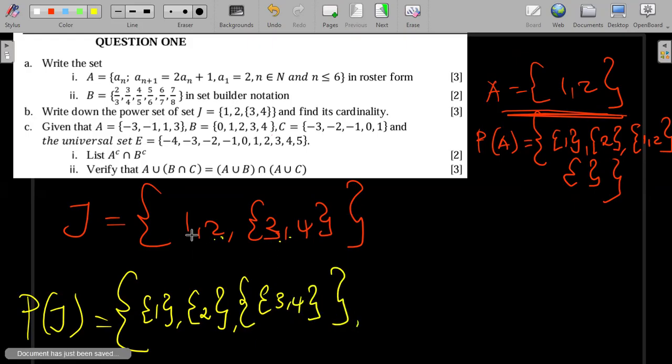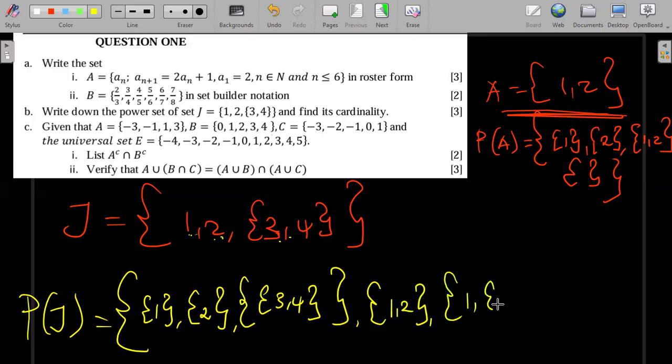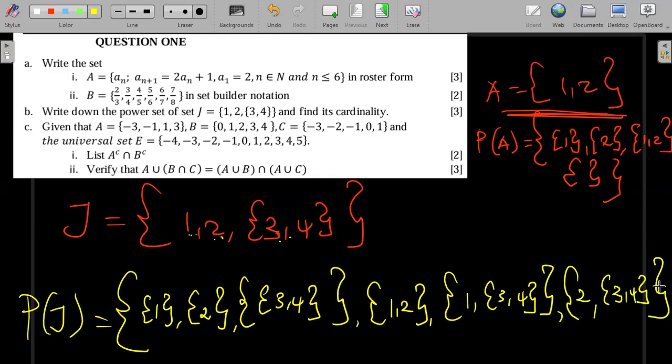And then now start the combinations, 1 and 2. Okay, and then 1 and this other set. So it will just be 1 comma, and then the other set. Okay, and then I combine 2 with the other set. That will be 2. This is 3 and then 4 with the other set like that.